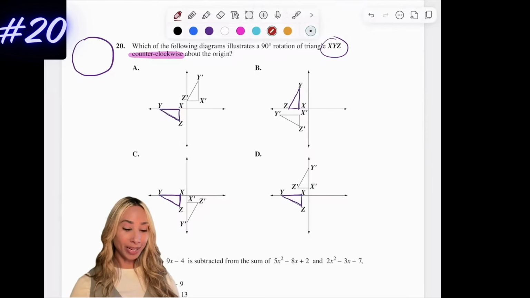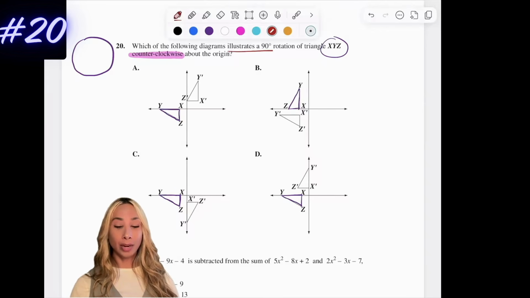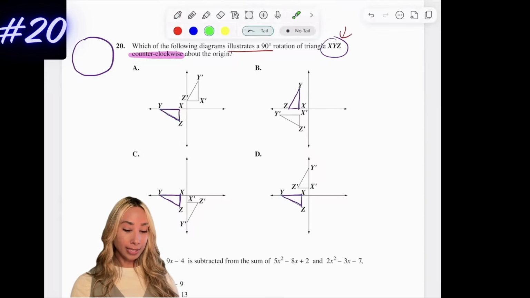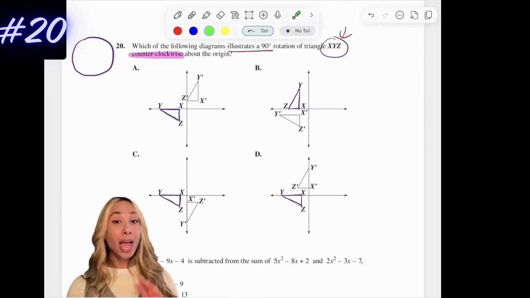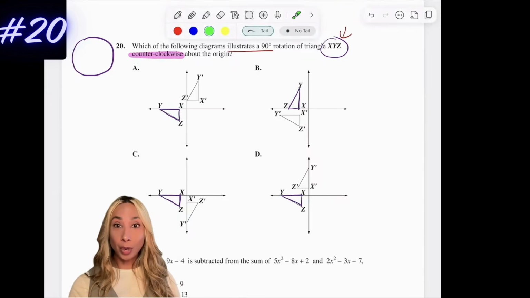All right, number 20, we want to know which of the following diagrams illustrate a 90 degrees rotation of this triangle here. So what I did is I actually went in and highlighted all of them. Remember, the original is the one that doesn't have the apostrophes because the apostrophes are prime and would represent the new image. So we're not going to worry about that.